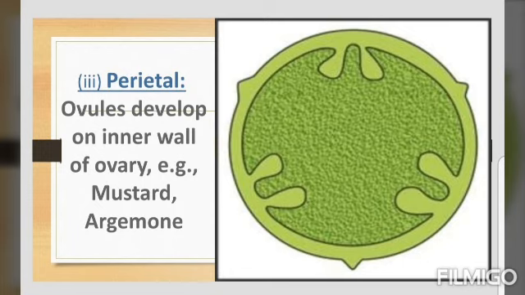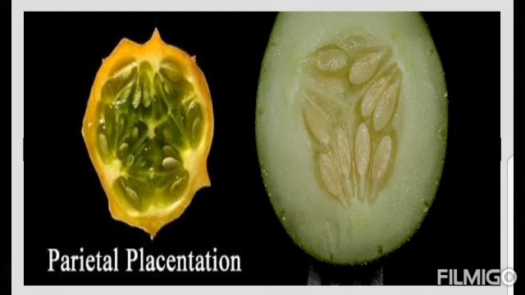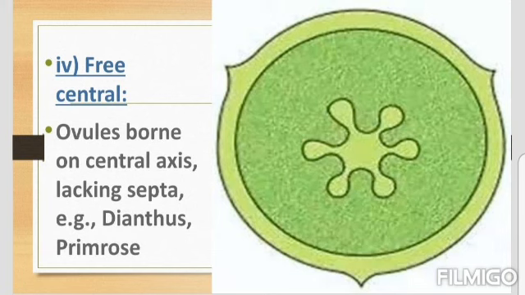In parietal placentation, the ovules develop on the inner wall of ovary or on peripheral part. Ovary is one-chambered, but it becomes two-chambered due to formation of a false septum, and this can be seen in case of mustard and agrimony.